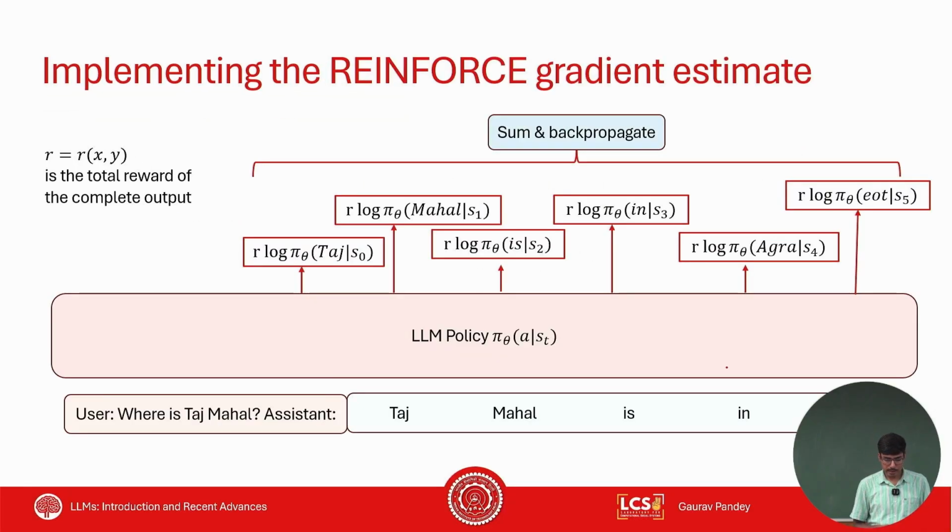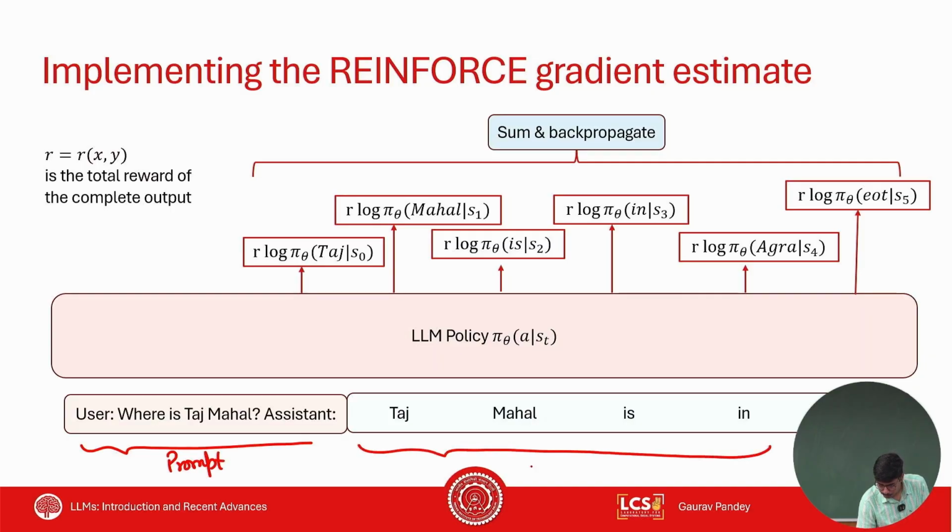And so if you have to implement it using a language model, you will take the prompt, take whatever output got generated, and pass all these tokens through the policy. For the tokens that were generated, you will compute the log probability of each token given the past. So log probability of Taj given the prompt, log probability of Mahal given prompt and Taj, log probability of is given prompt, Taj, Mahal, and so on.